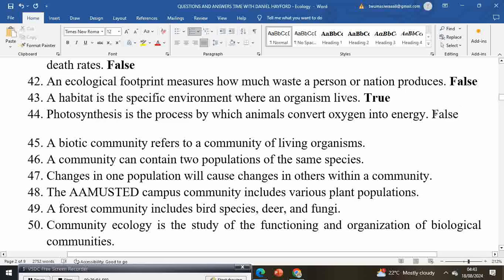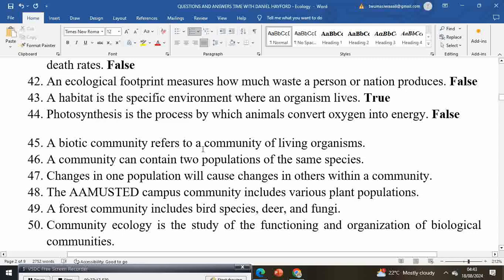Animals do not undergo photosynthesis. All green plants do. It's not every plant that is capable of photosynthesis, but all green plants do photosynthesize.